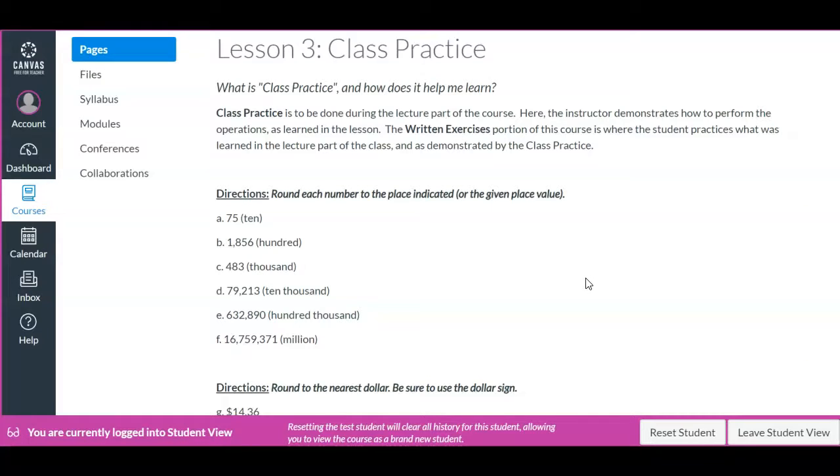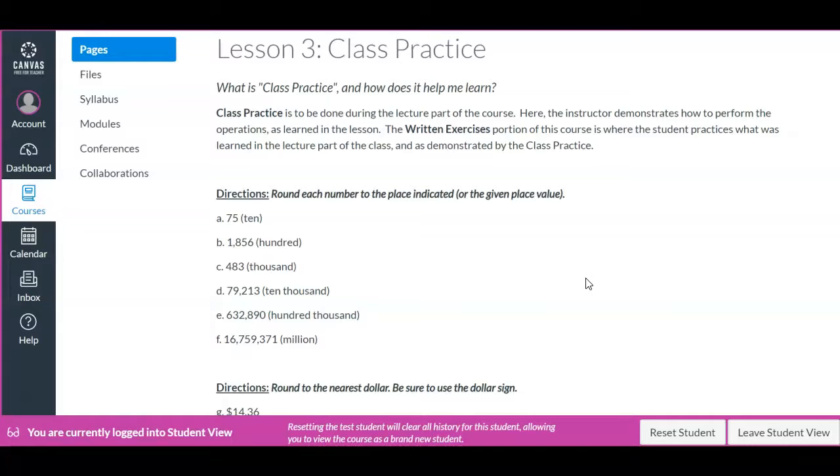So just as a quick review, what is class practice and how does it help me learn? Well, class practice is to be done during the lecture part of the course, and it is right now. Here, the instructor demonstrates how to perform the operations as learned in the lesson.